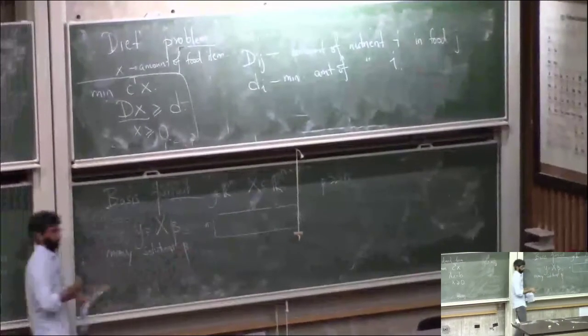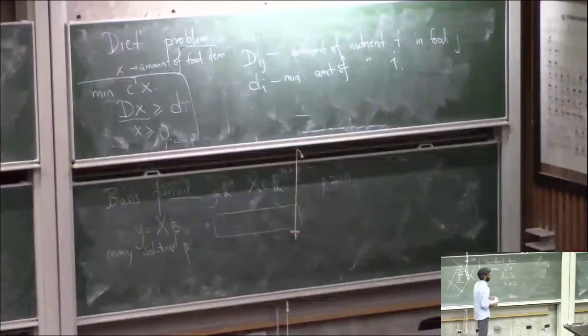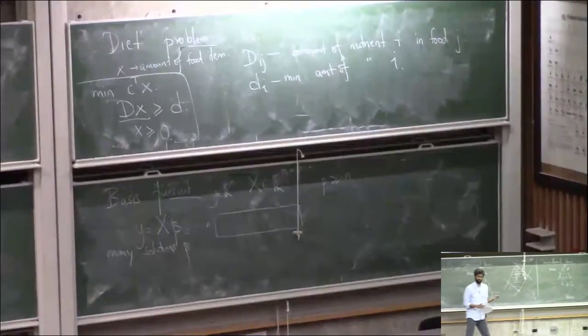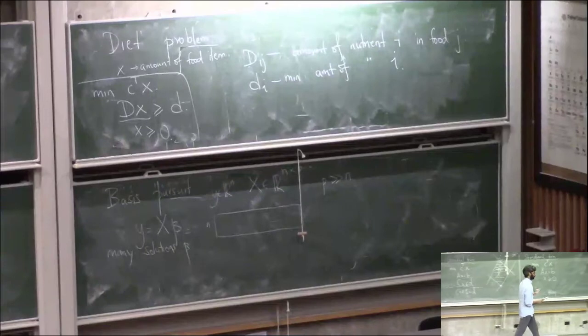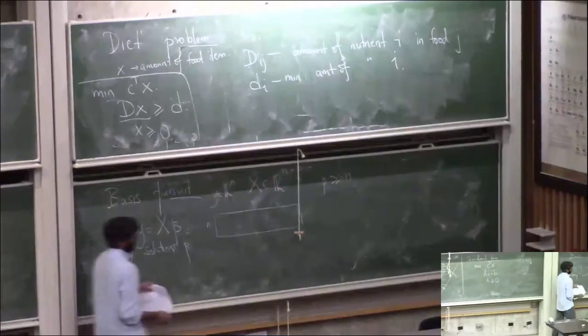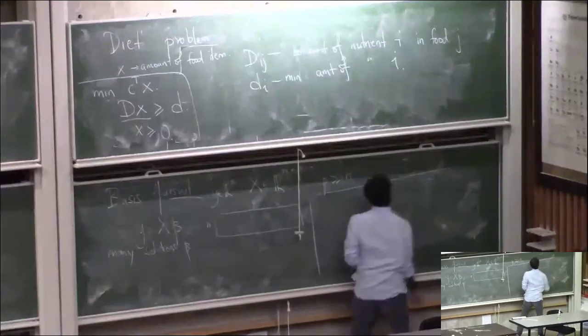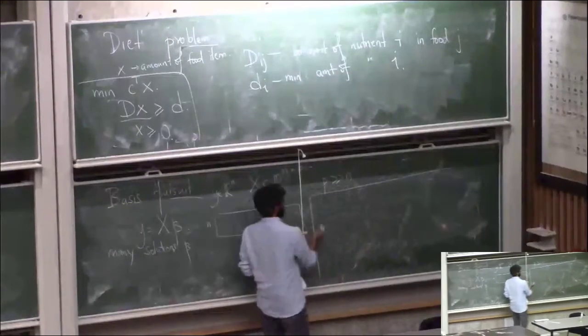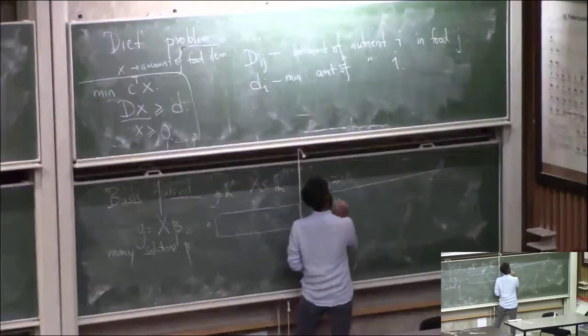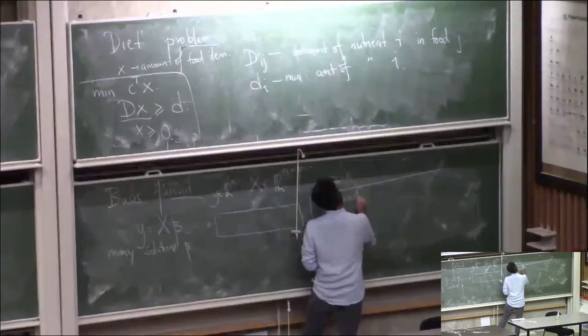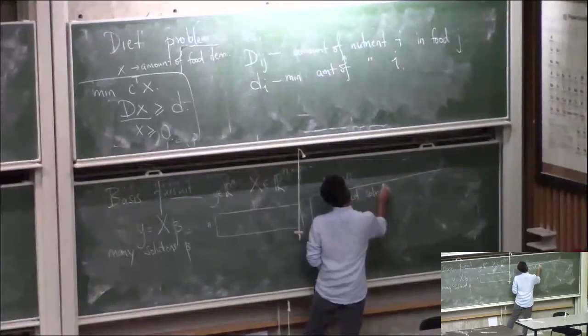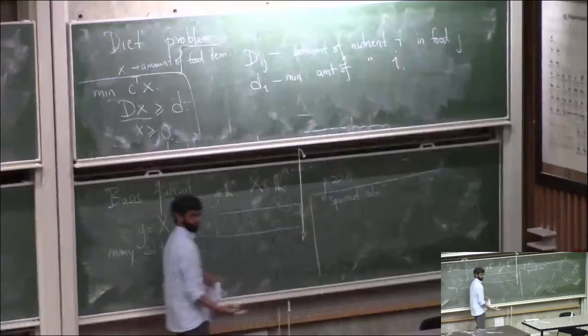To make the problem well posed, you're going to try to find one particular solution that has some structure that maybe you like. One thing you might ask for is the sparsest solution. What does that mean?